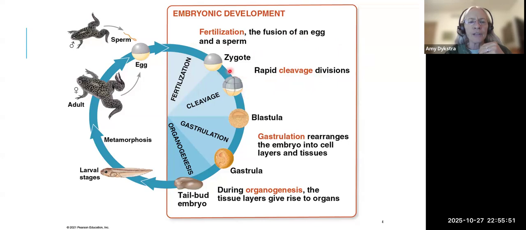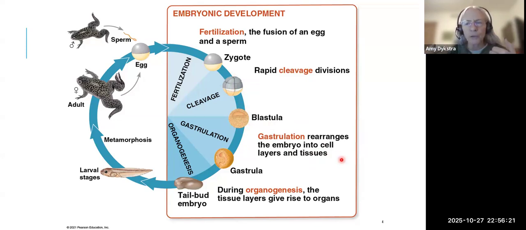And so we'll have this initial zygote that's formed. It will divide first in half, then each one of those in half, and eventually you'll get a ball of cells that's hollow on the inside, and that is called a blastula. The next stage is gastrulation, which is where this ball of cells rearranges itself, and cells are going to move in this stage.